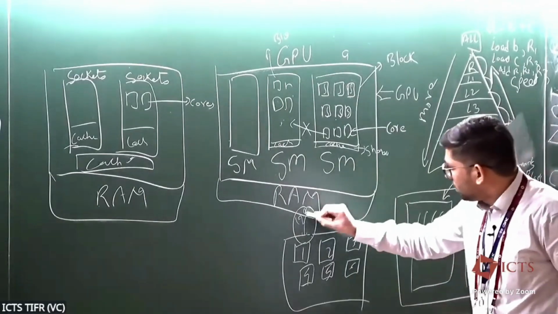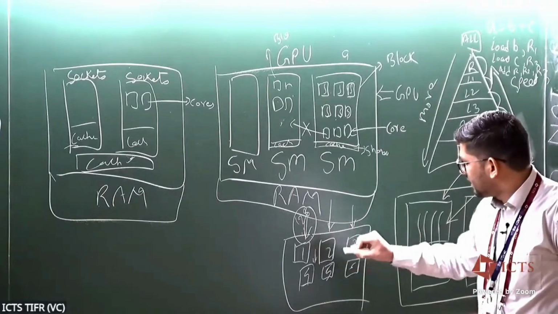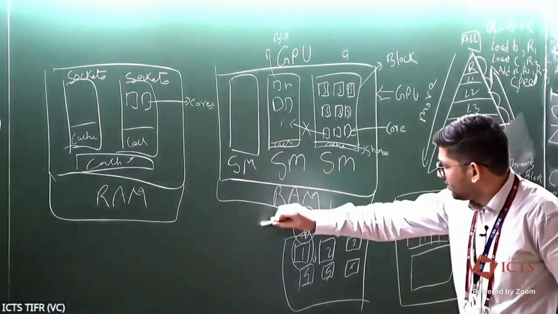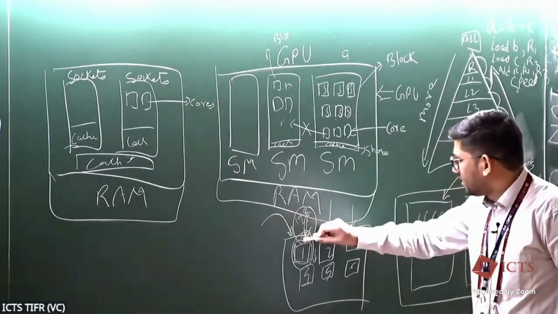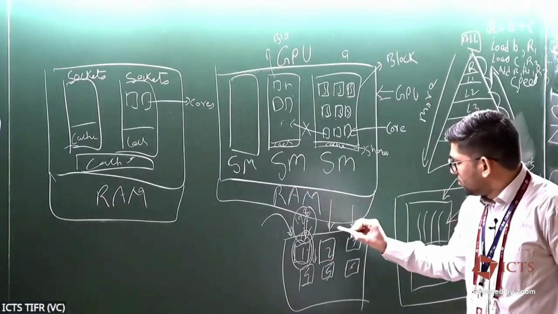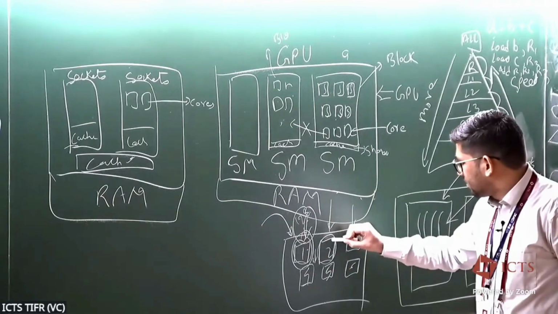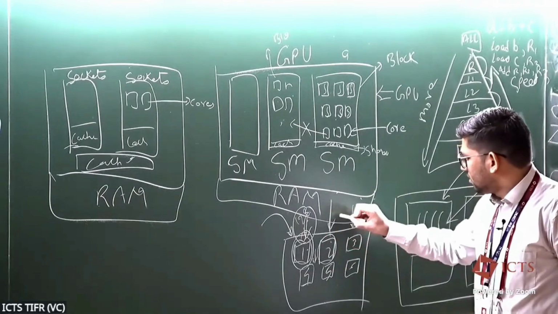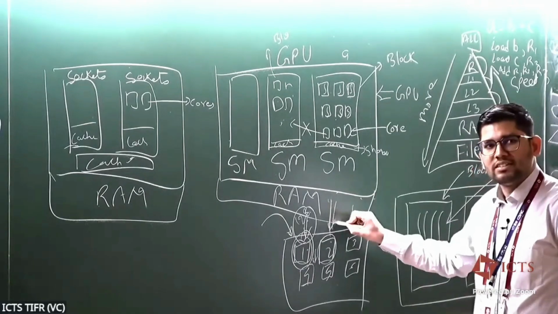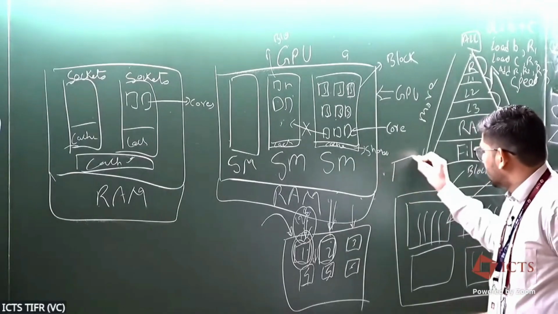The first block, second block, third block are assigned in parallel to any SM. Then after finishing this block, the next block comes and runs on that SM. If any SM is idle, then the next task moves onto this SM.